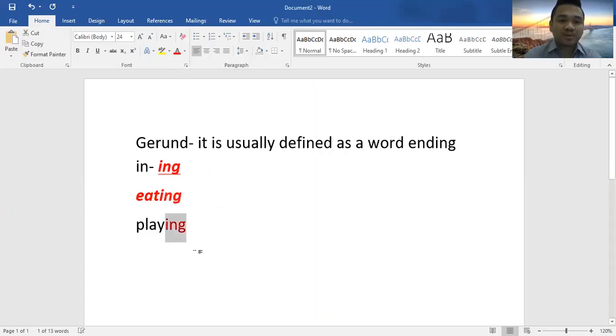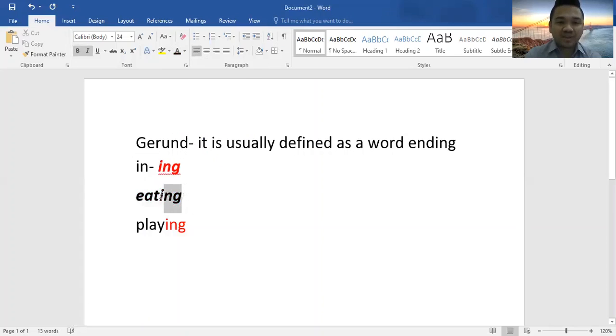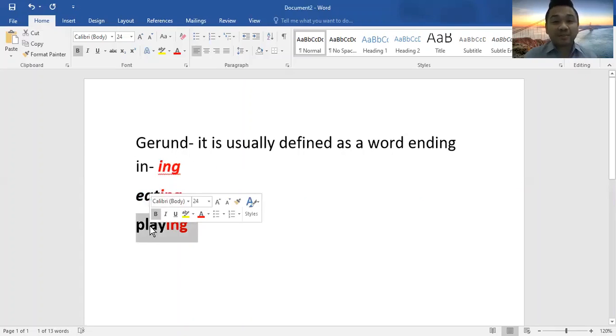So this is what we call gerund: a word ending in ing that comes from the verb, like eat and play.